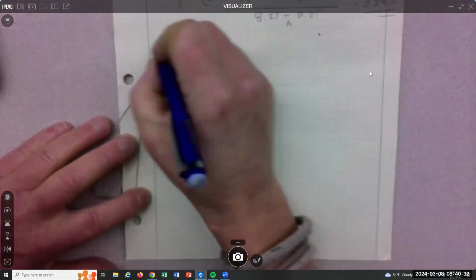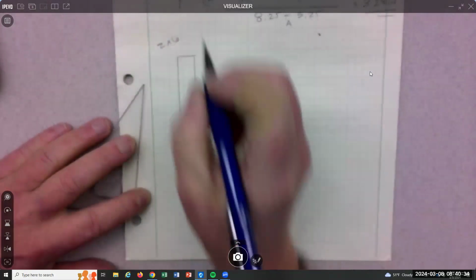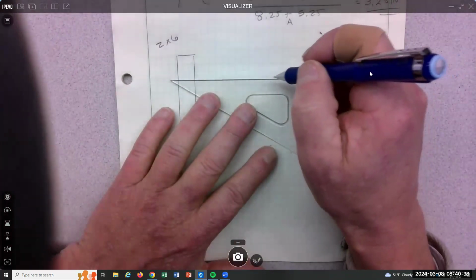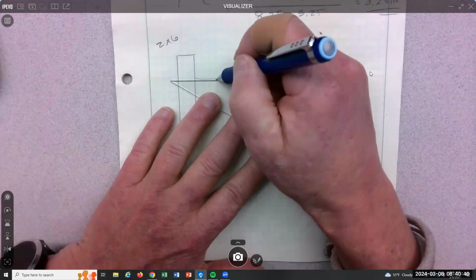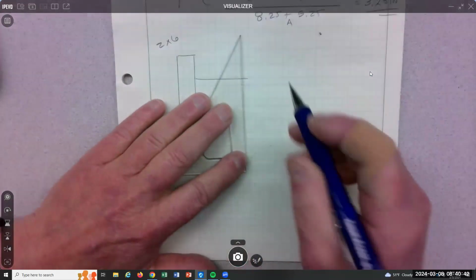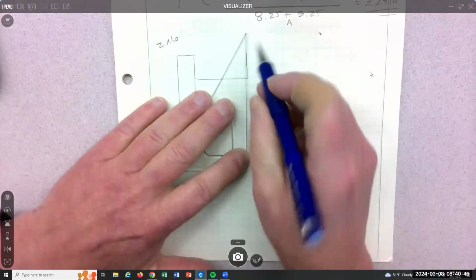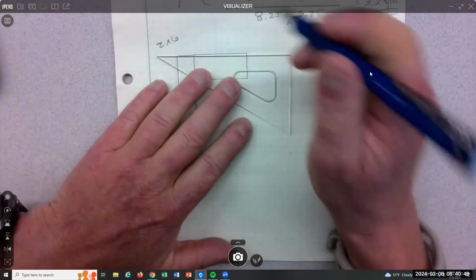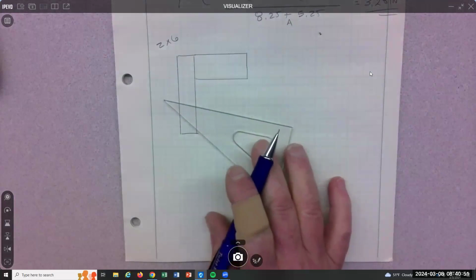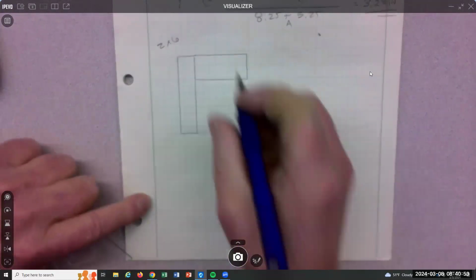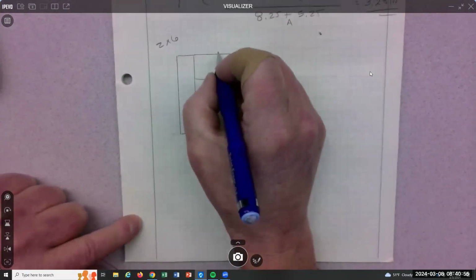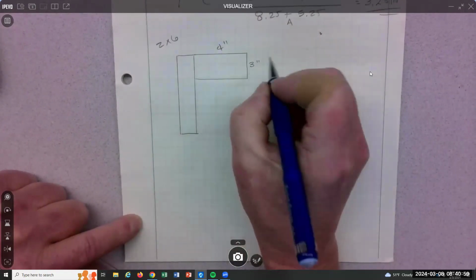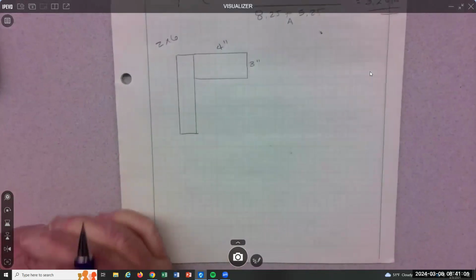This is a 2x6. And then we're gonna put on it just this chunk of wood. And we'll make this shape 4 inches by 3 inches. A little bit out of scale.